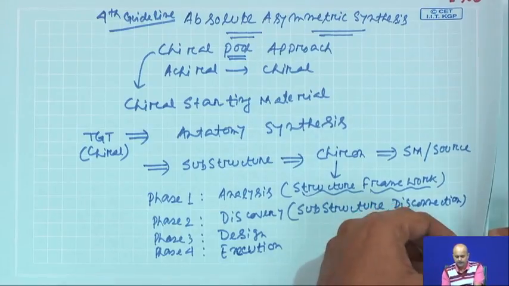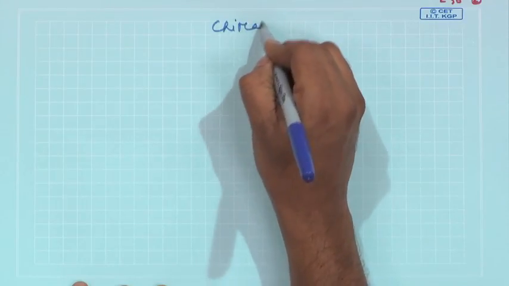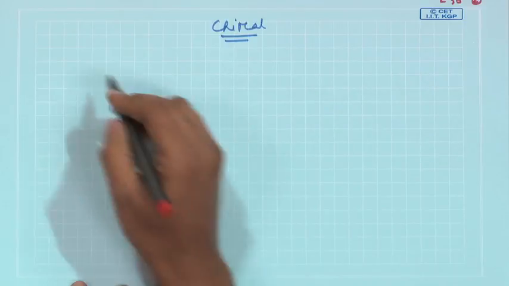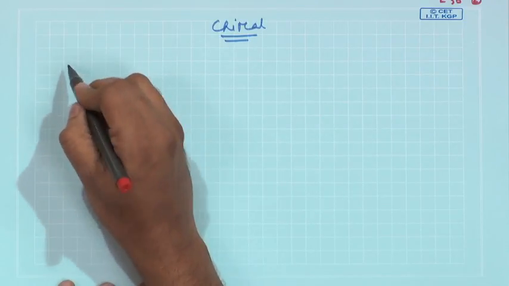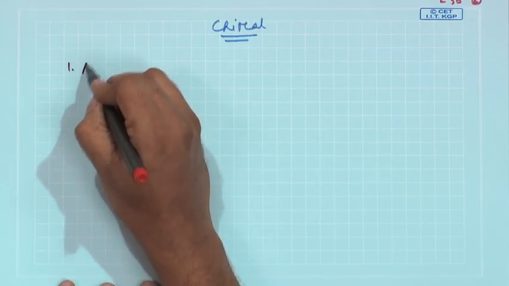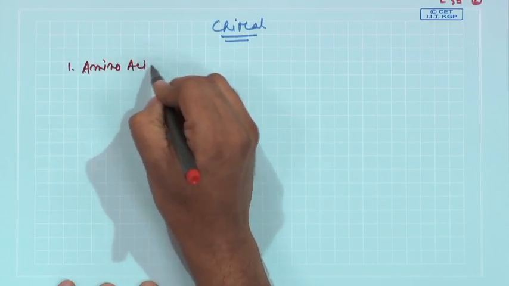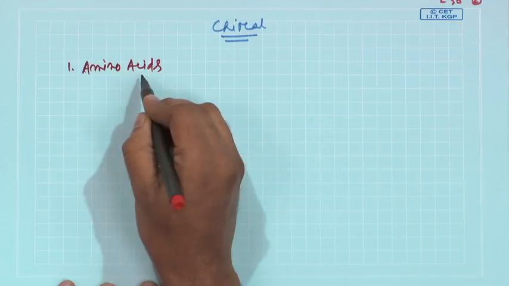As I said, in nature many chiral starting materials or chiral pool materials are available. These can be broadly classified into 5 or 6 different categories. One is amino acids, naturally occurring amino acids.